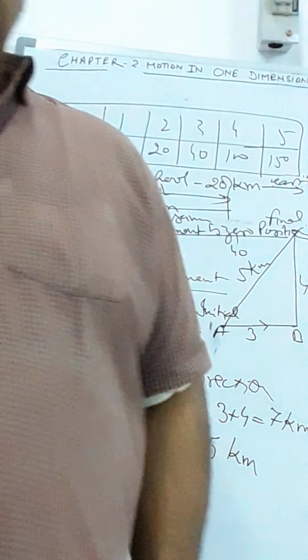Read each and every line of it. Examples they have given. Now it comes to speed and velocity. The next part of the chapter is speed and velocity. Speed is the distance traveled in a particular time.